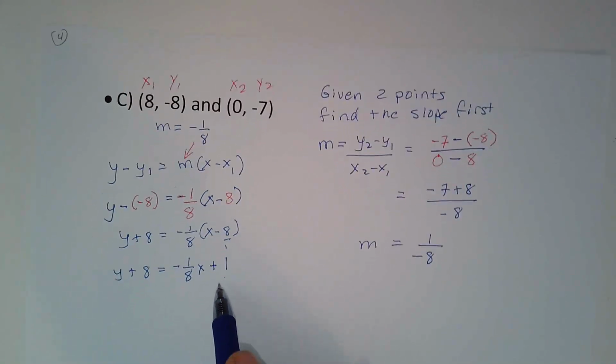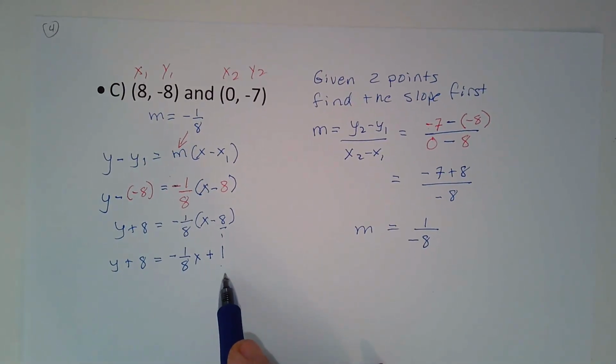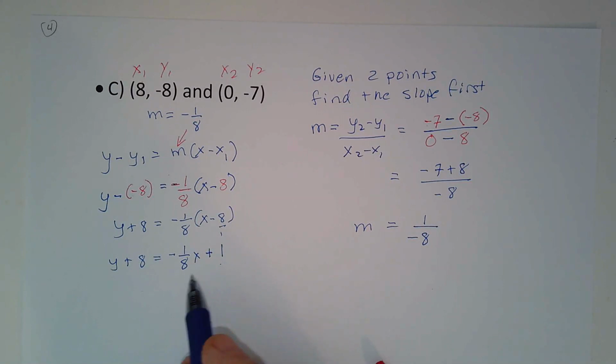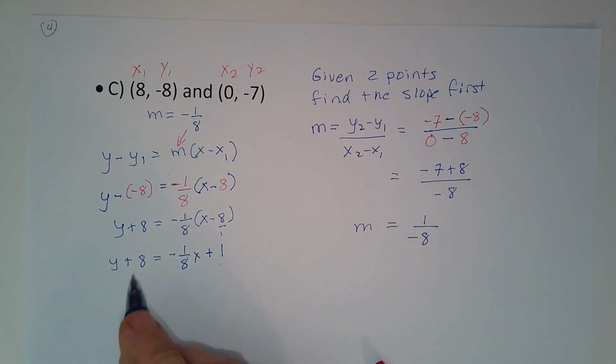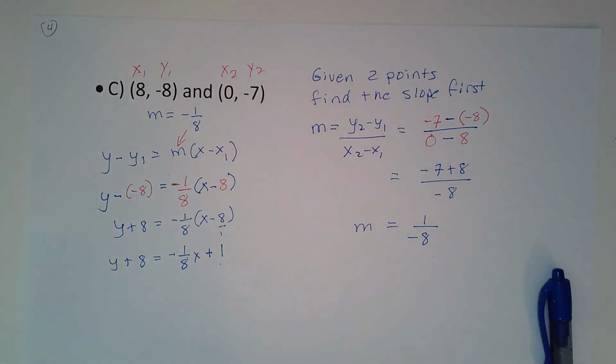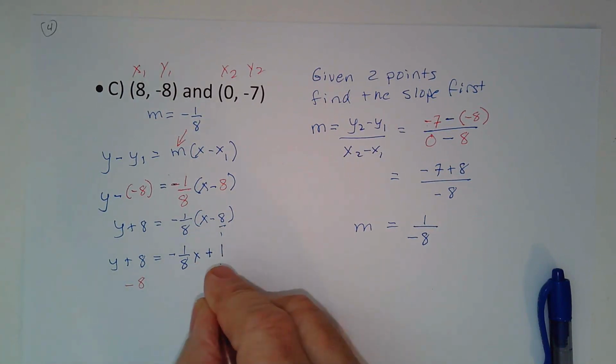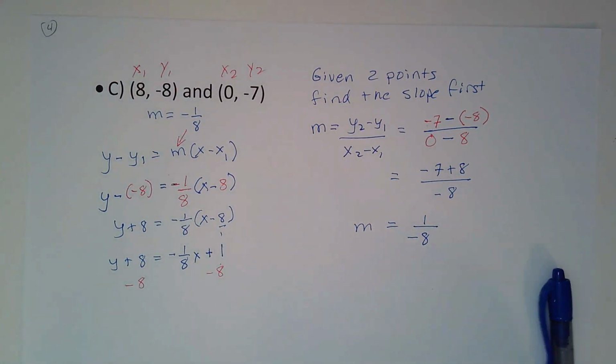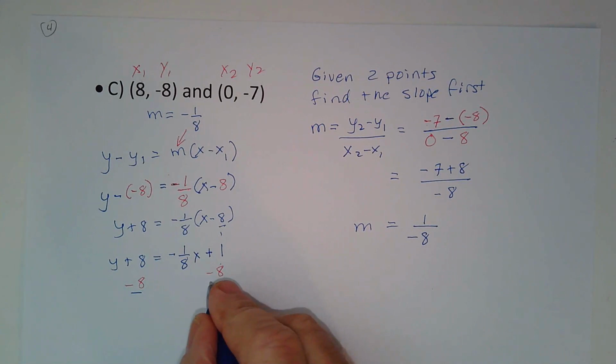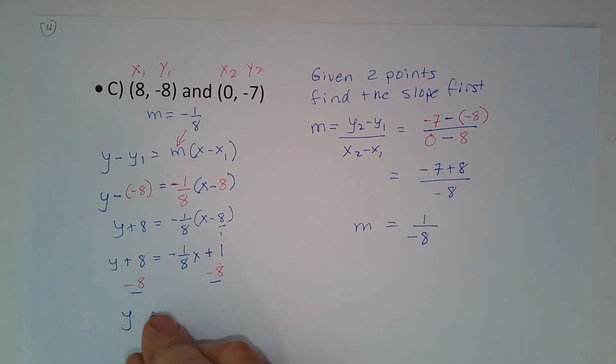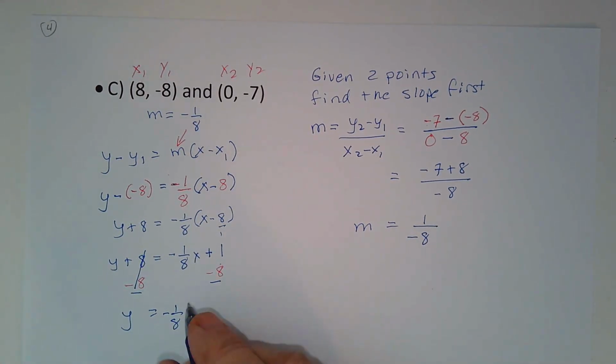Okay? Now that you know that, then you're going to simplify by getting the y by itself. So I'm going to subtract 8 from both sides. And when I do that, I get y equals, this cancels, of course, negative 1 over 8x, and then, let's see, plus 1 minus 8, that's minus 7. Okay?